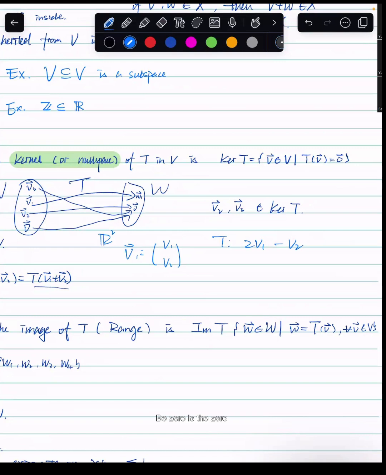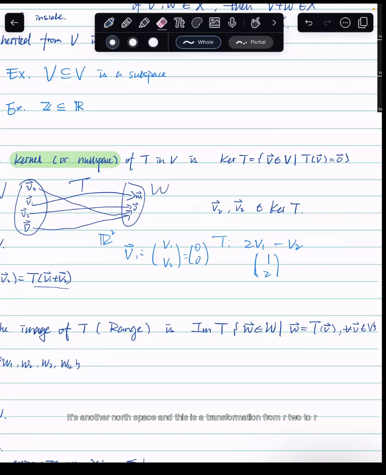V1, V2 both being 0 is the zero vector. And V2 being 2 and V1 being negative 1 is another null space element. And this is a transformation from R2 to R.